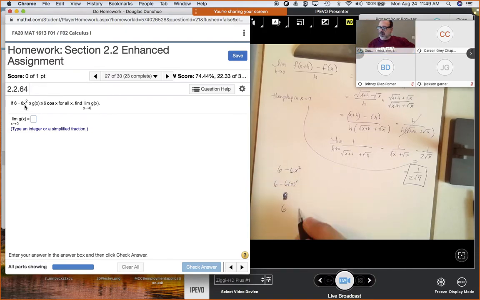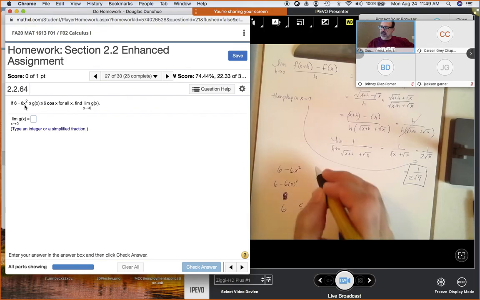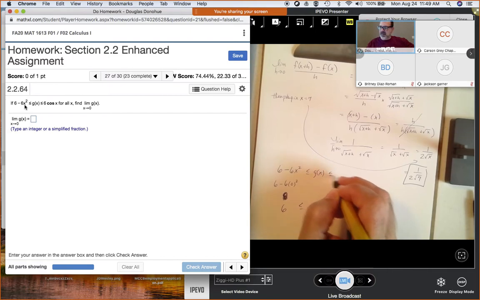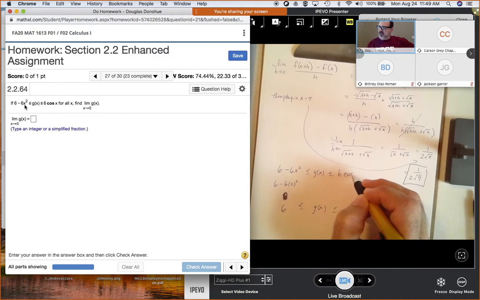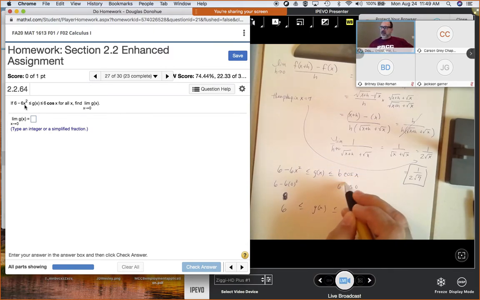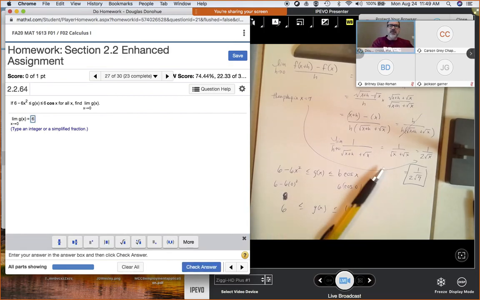And then g of x is in the middle, because g of x is our piece of bologna. And our top bun is 6 cosine x, which becomes 6 cosine 0, or 6. So now my bologna is between a 6 and a 6. So I guess my bologna better be a 6 also, or my function.